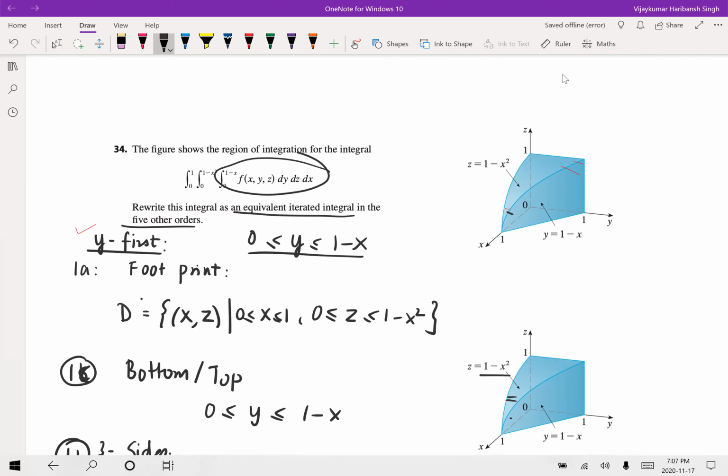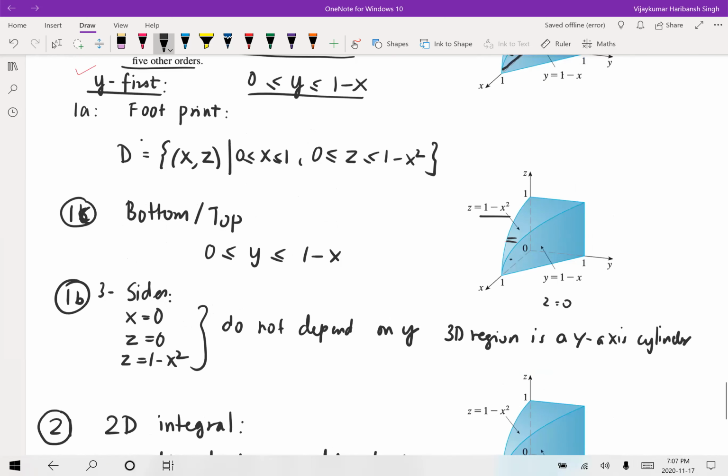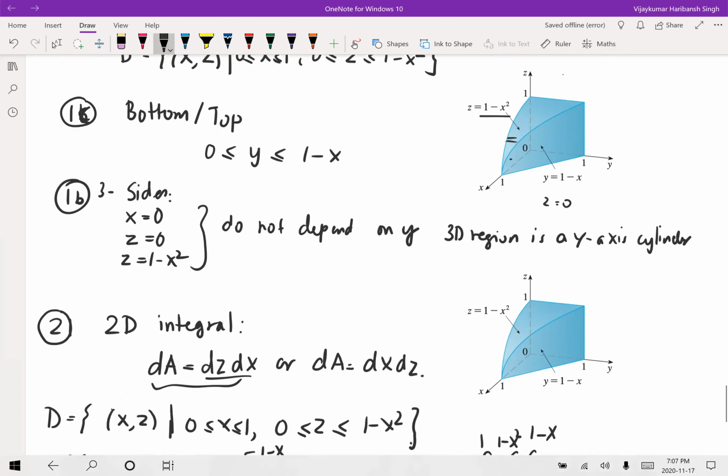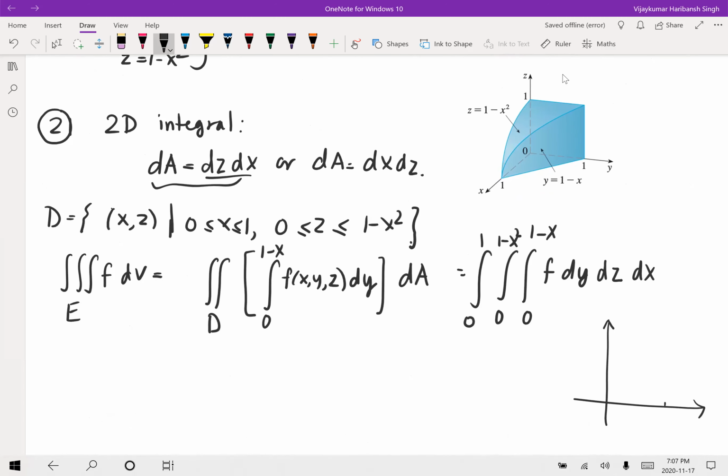Now, what if we had to write this region in a different way? Let's look at the projection of this on the xz plane. How does it look? In the xz plane, this is my region D, and this is z equals 1 minus x squared. This is your z-axis, this is your x-axis.